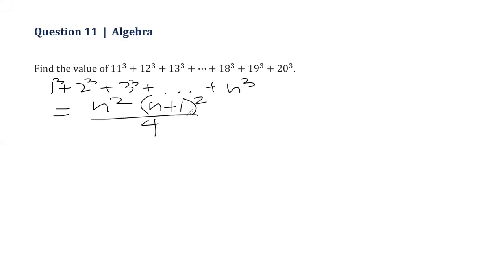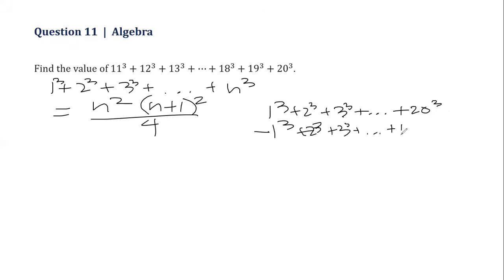Okay. Since it starts with 11, we can say that it's 1 cubed plus 2 cubed plus 3 cubed up to 20 cubed, oh, I mean cubed, I did say squared, I'm sorry. So we can write this minus 1 cubed plus 2 cubed plus 3 cubed plus blah, blah, blah, plus 10 cubed.